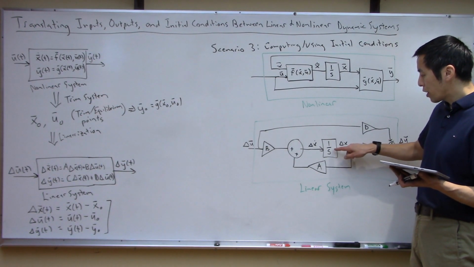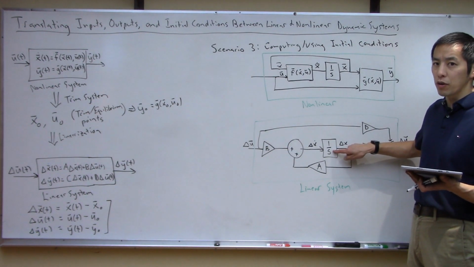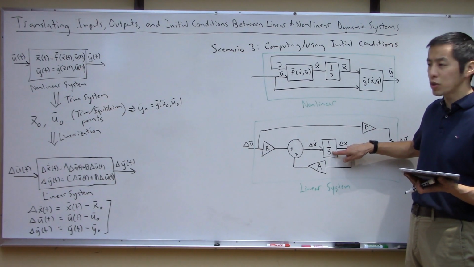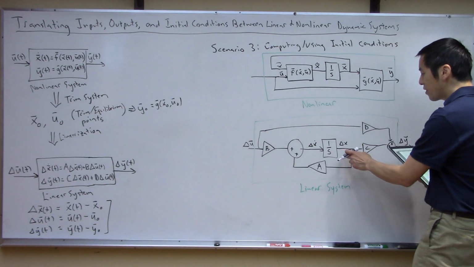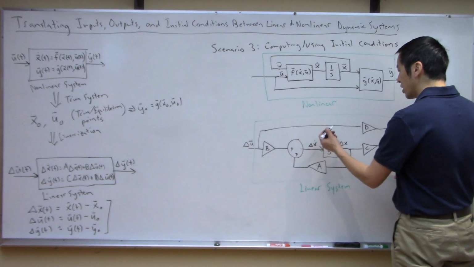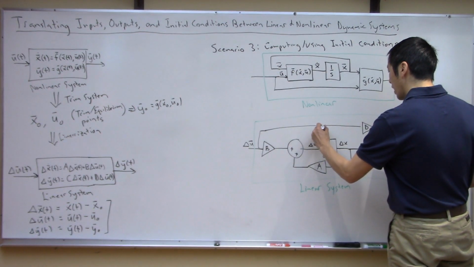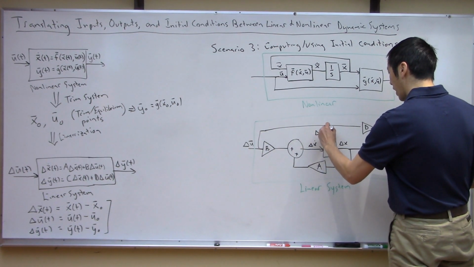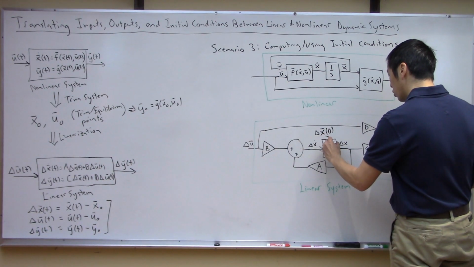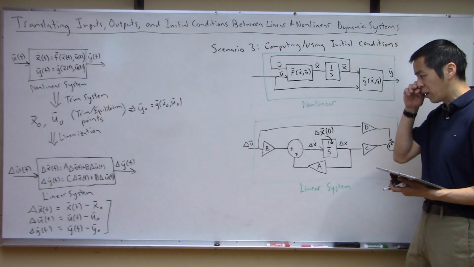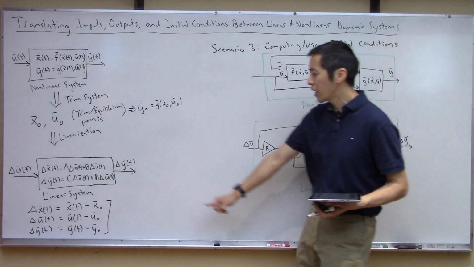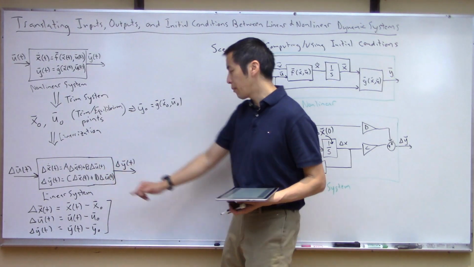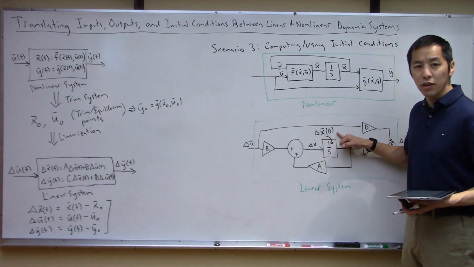Now, the thing we need to pay attention to is the integrator here. The integrator is the thing that's going to have initial conditions. So inside this linear system, the initial condition that goes in here is going to be delta x at time 0. That's the initial condition that you put into this integrator, and this will simulate your linear state dynamics with an initial condition of delta x 0.